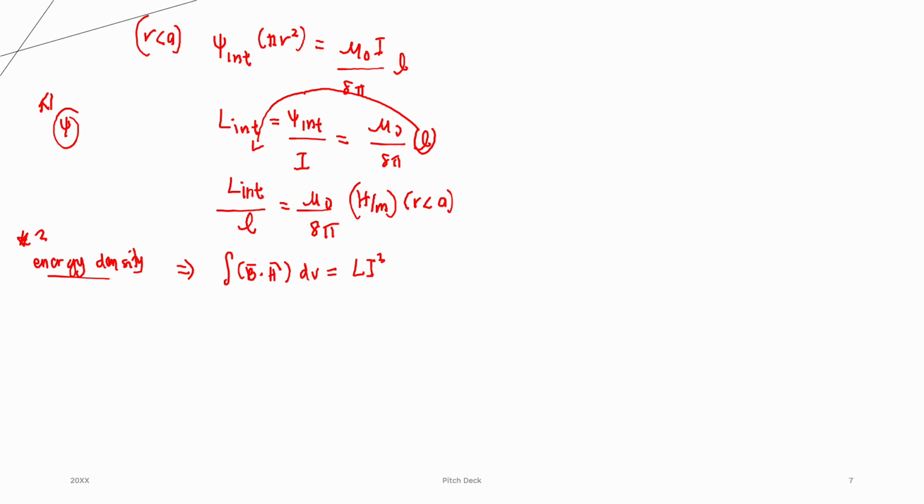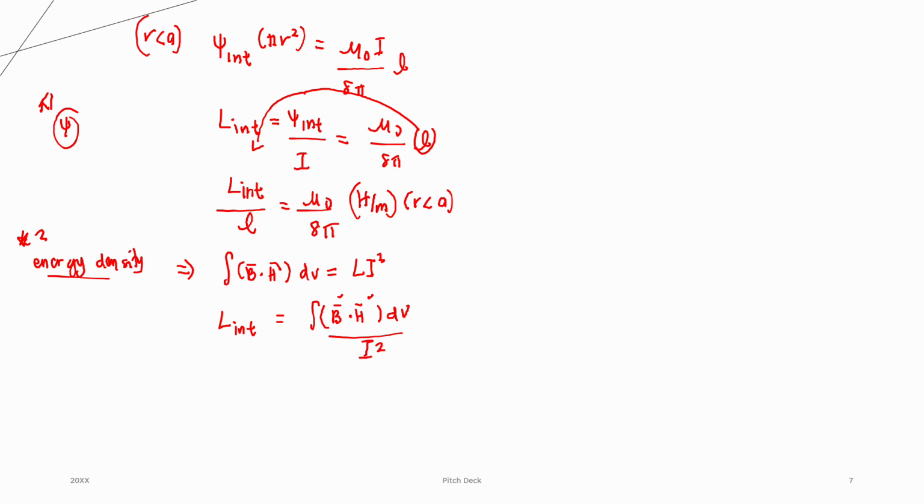So from here, the L internal we can straight away get equals the integration of B dot H dV over I squared.